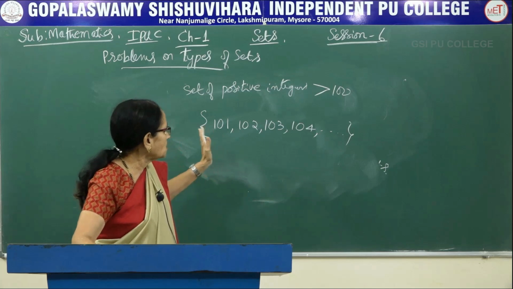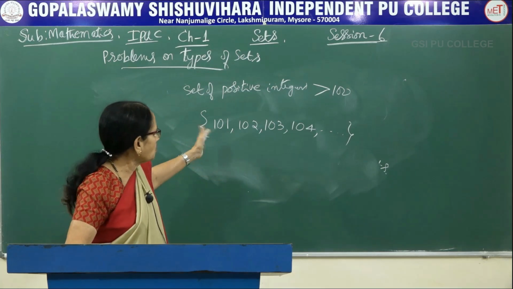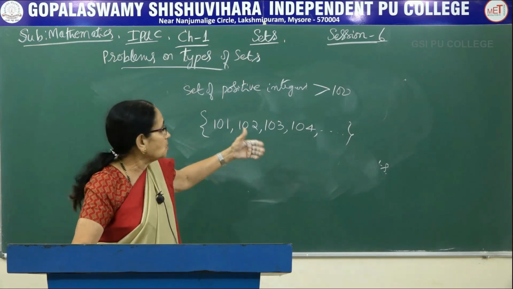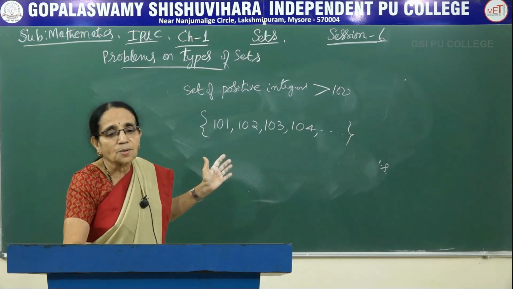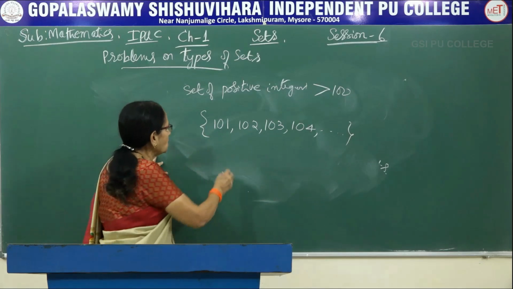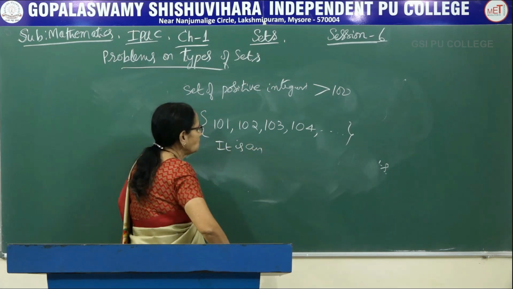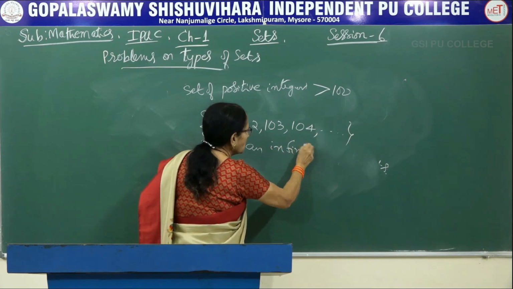It starts with 101, nothing but natural numbers here. But the first number being 101, we do not know the last number. I mean, we do not know the exact number of elements. So what do you take this for? It is an infinite set. So I have to write it is an infinite set.